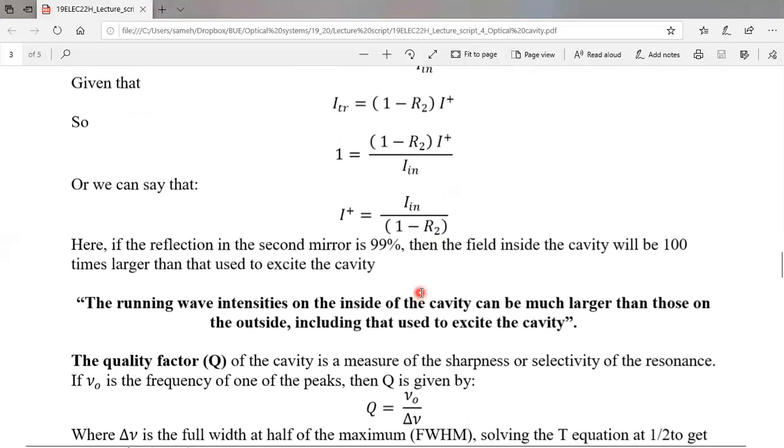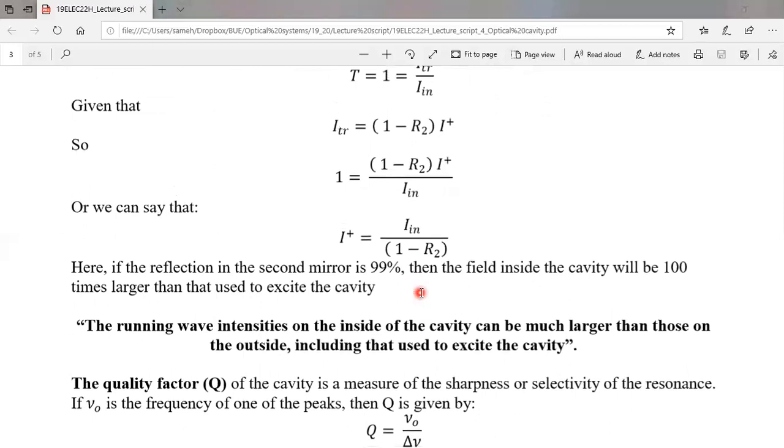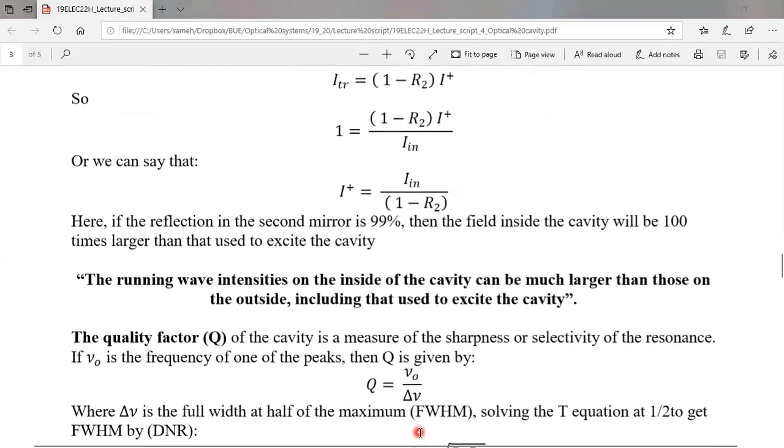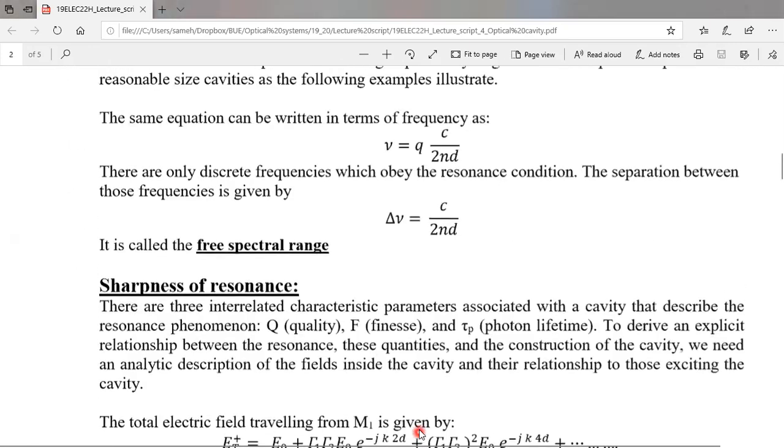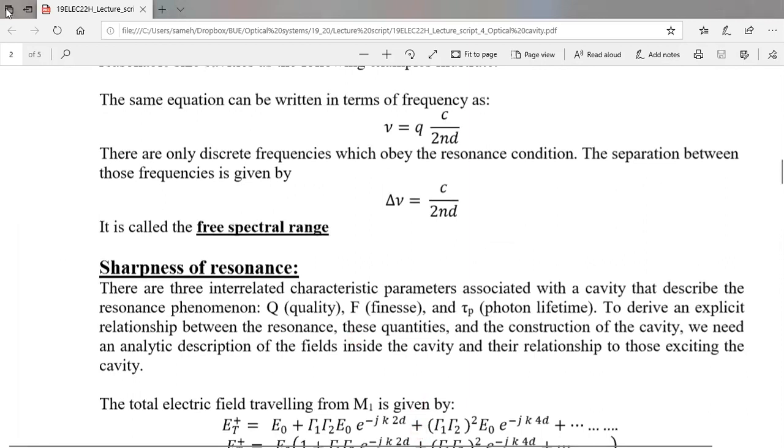Now we define the term, the quality factor, or Q. Simply, the Q is the ratio between ν0, which is the central frequency you are propagating, over Δν, which is the full width half max. Please don't be confused. We defined in the beginning of the lecture a term called Δν. This Δν is the free spectral range.